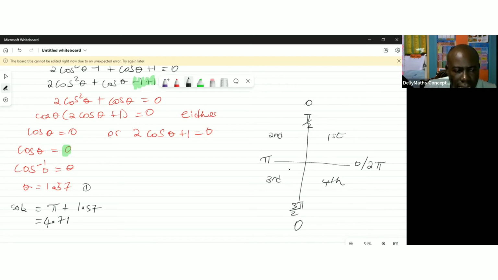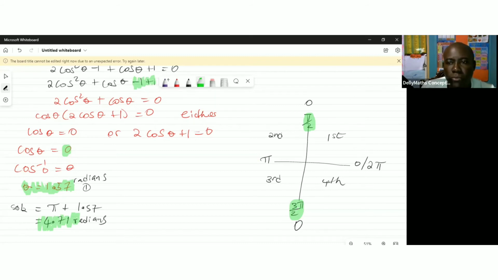These answers are in radians. So these are 2 of the solutions, where theta is equal to 1.57 radians and where theta is equal to 4.71 radians. As I suggested, that's like 90 degrees and 270 degrees, so it's pi over 2 and 3 pi over 2.